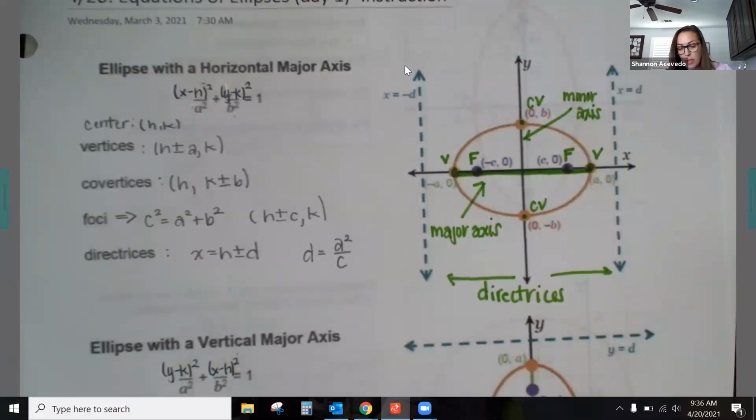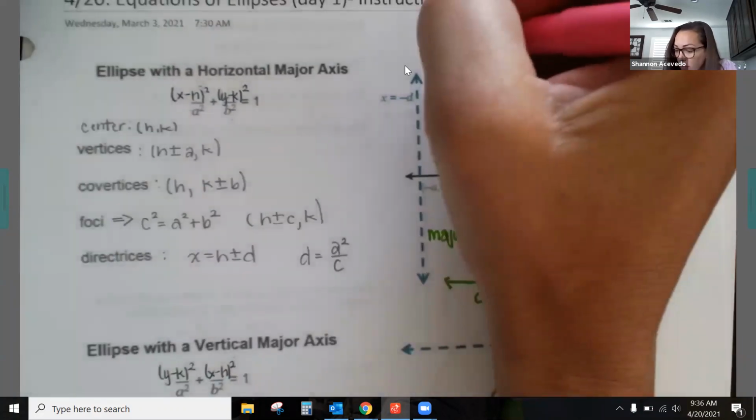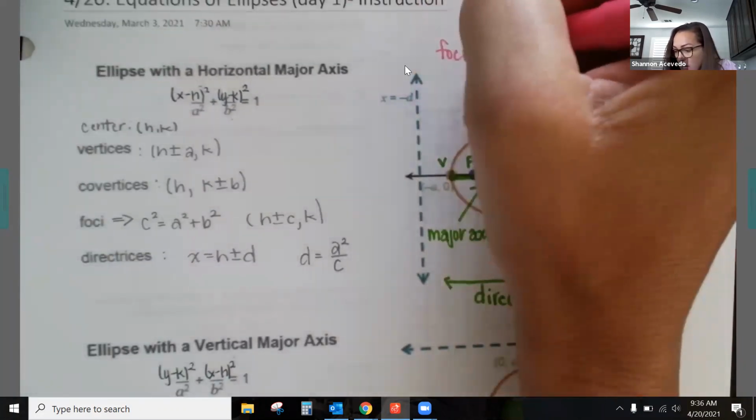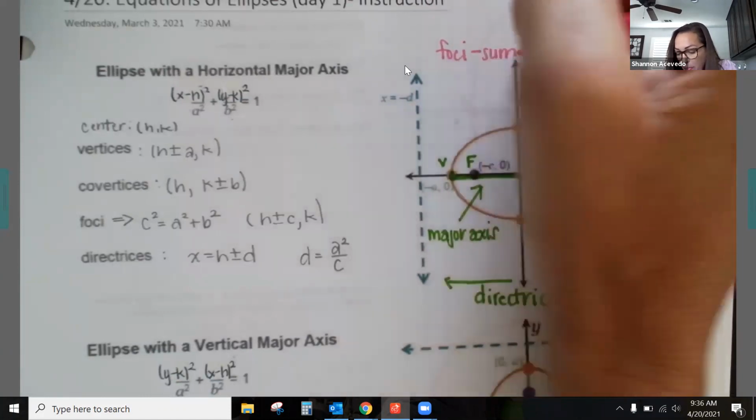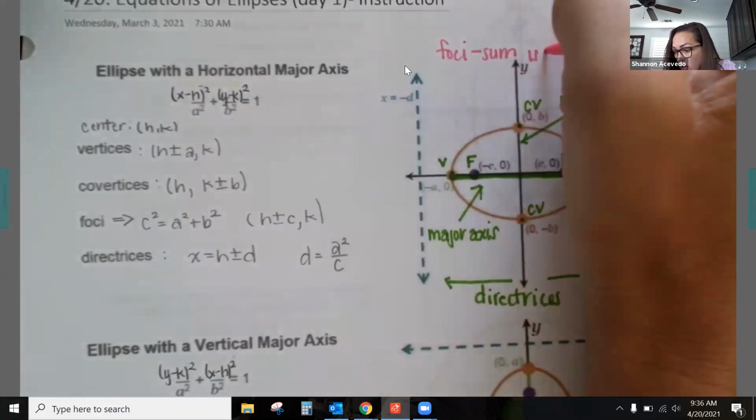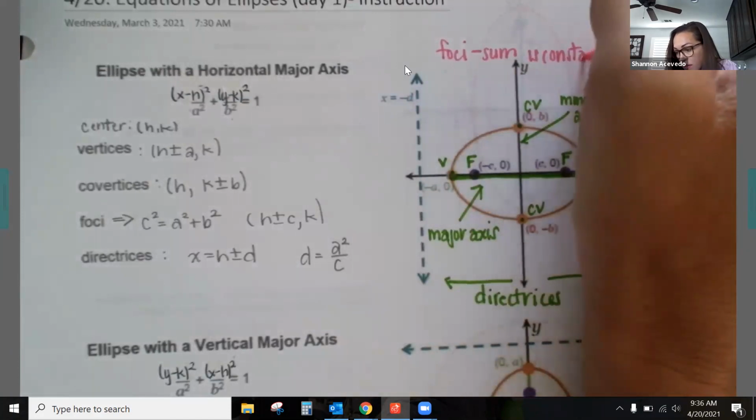When we talk about this information for my foci, the foci give us a sum that is constant.